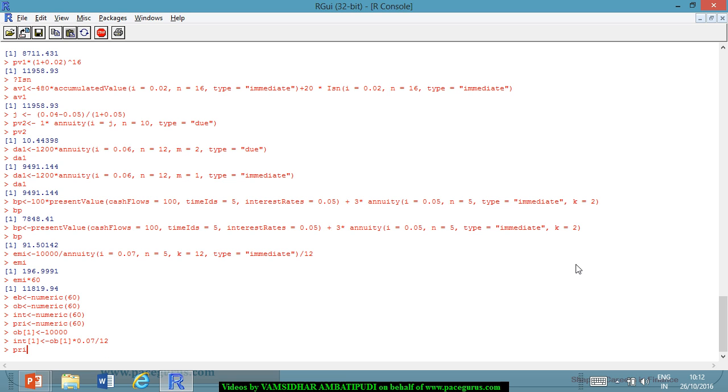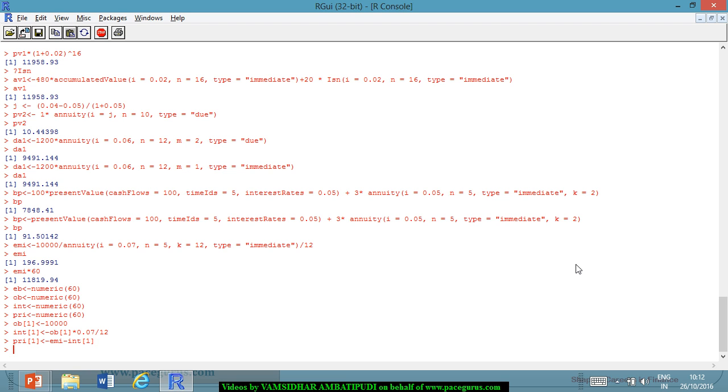Then principal of 1 comes out as the total EMI, whatever we have got, EMI minus the interest of 1. Let's first test out for 1, then we'll go ahead, right? So EMI minus the interest of 1, and what else?